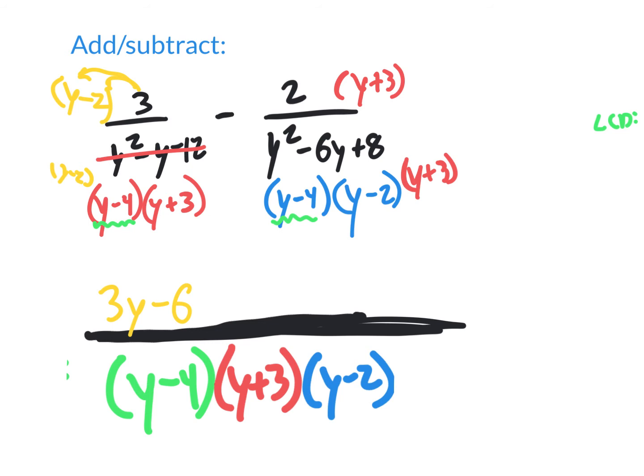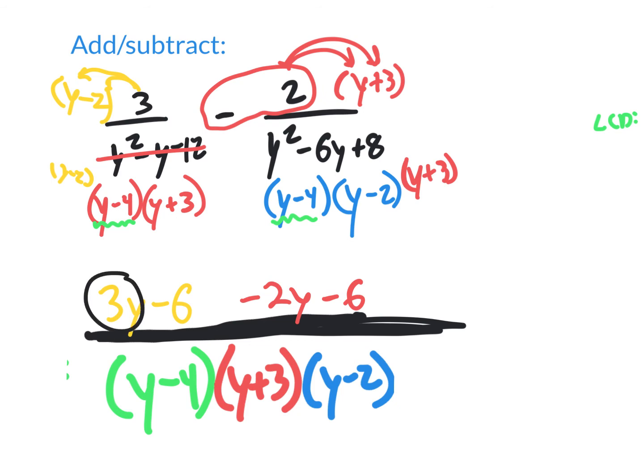Instead of modifying the second fraction and rewriting my entire second fraction, I'm going to do this. I'm going to take the negative 2 and distribute it, giving me a negative 2y, and distribute it, giving me a negative 6. Okay. Now, what does that do? And notice I wrote it all on top of the same LCD. What that does is just saves me some time from writing the denominator twice.